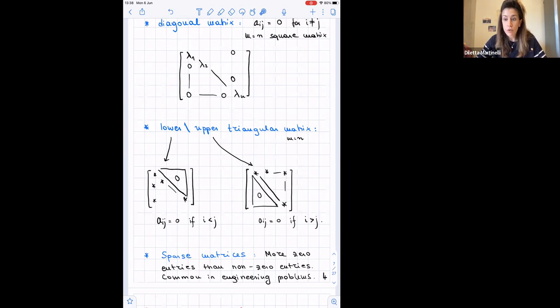If you have a lot of zeros, you need less memory to store all the information encoded into the matrix. So we really like sparse matrices, and there are whole branches of mathematics connected to finding algorithms that allow you to have sparse matrices and to work with them. So this is an important class, and we like them because it's easier to work with them.